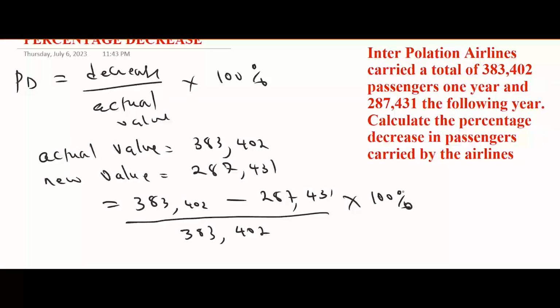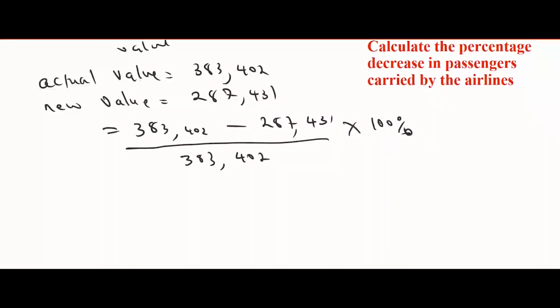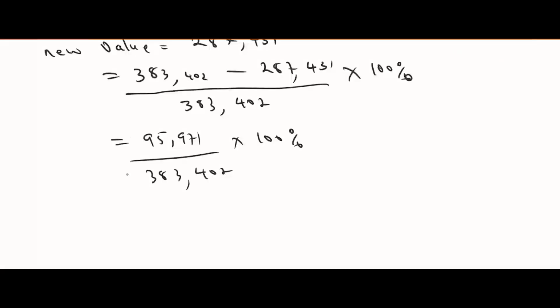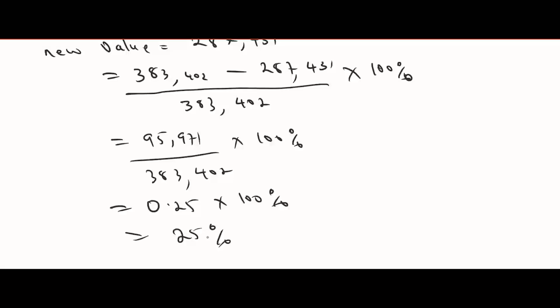So if you scroll down a little bit and simplify this, you're going to get 95,971 out of 383,402, then times 100%. If you divide the numerator by the denominator, that will give you 0.25 times 100%, and if you multiply these two together, that will give you 25%. So that is the percentage decrease.